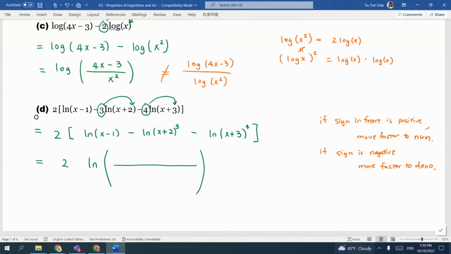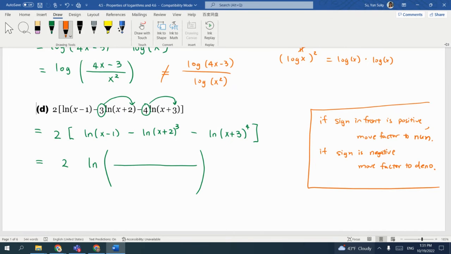Okay, so when you solve this type of problem, it's good to summarize. Summarize the rule and summarize the steps, what we are doing in these steps. Then when you see a different problem of the same kind, you know how to do it.